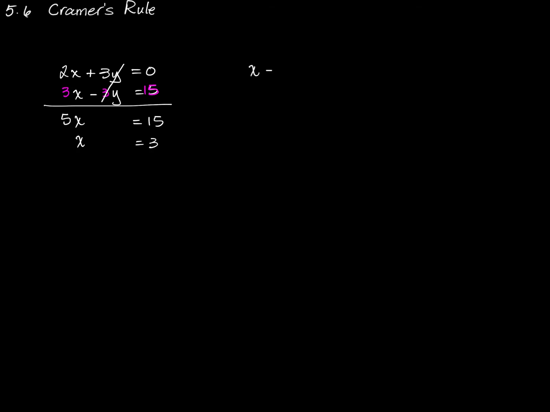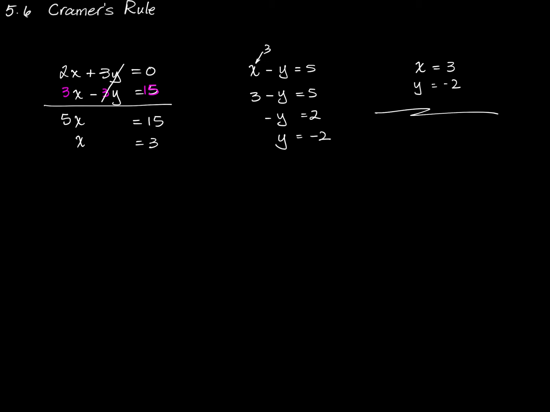One of my equations originally was x minus y equals 5, and if I plug 3 into that, I get 3 minus y equals 5, and then I'll subtract 3 from both sides, and negate the equation. So I have a system whose solution is x equals 3, y equals negative 2.